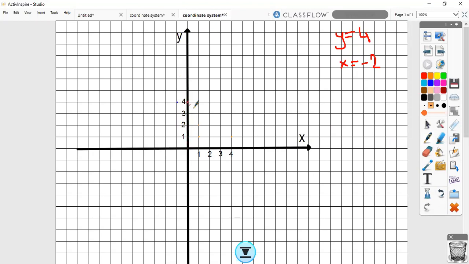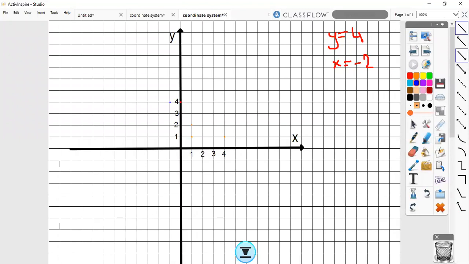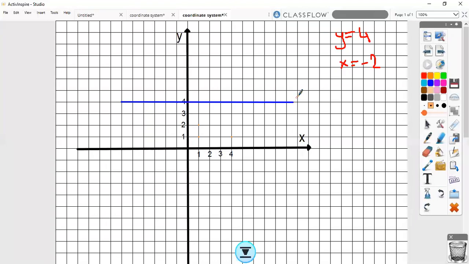It's here. This point. Then I am going to draw my horizontal line in this form. This is my horizontal line, the line y is equal to 4.